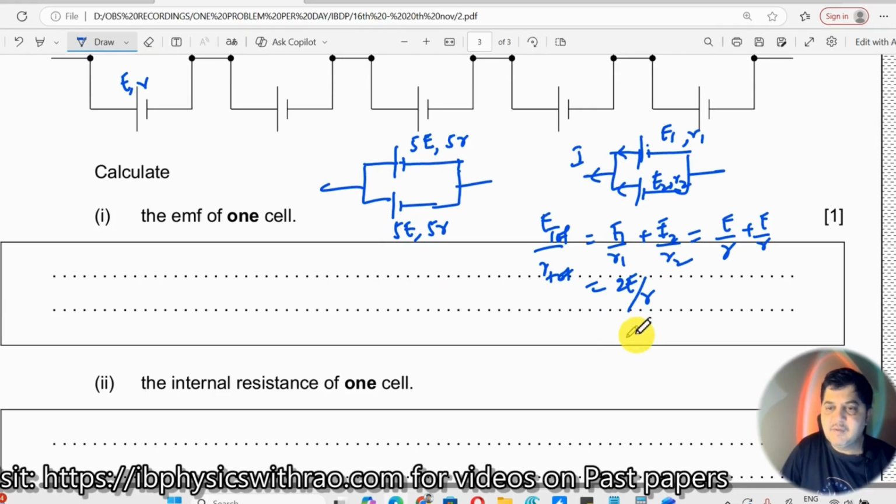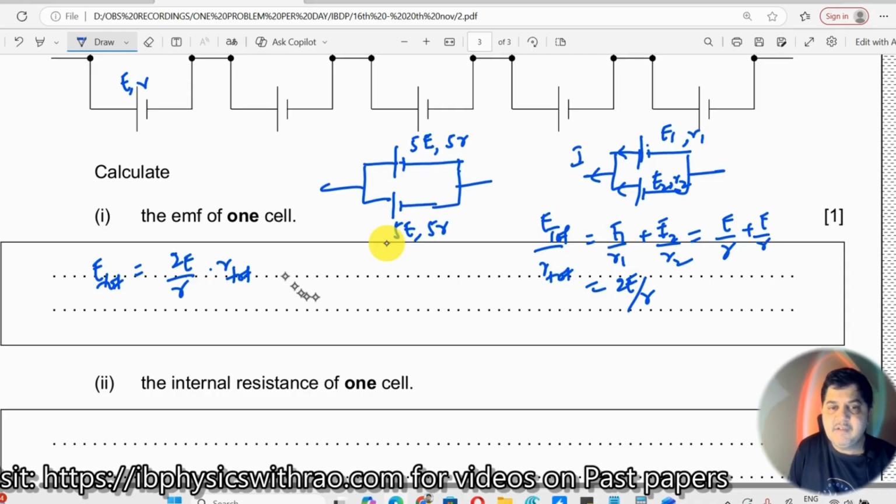And thus, now what I can do, E total is equal to 2E divided by R into R total. What is R total? See here, we have 5R in this branch, and 5R in this branch.